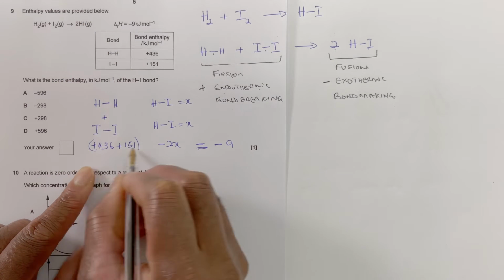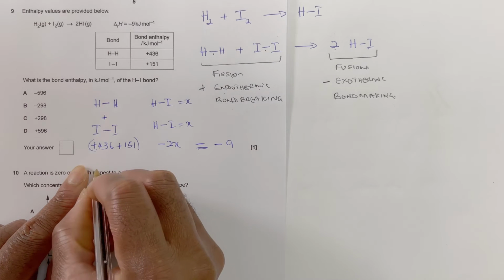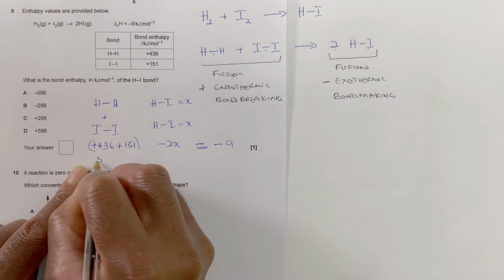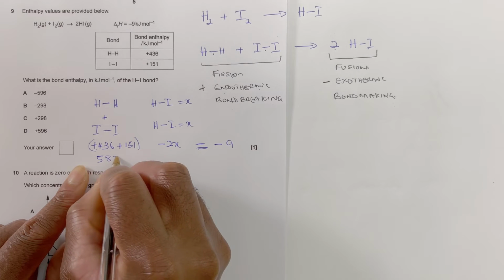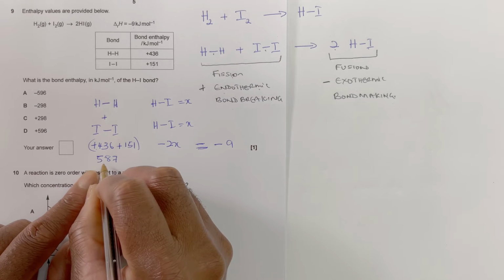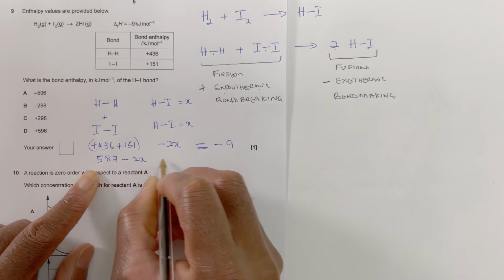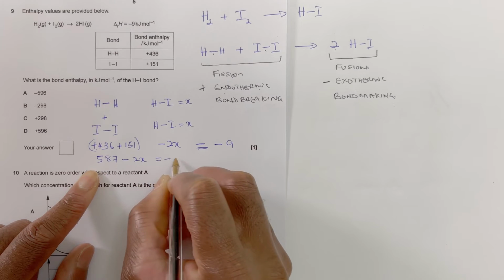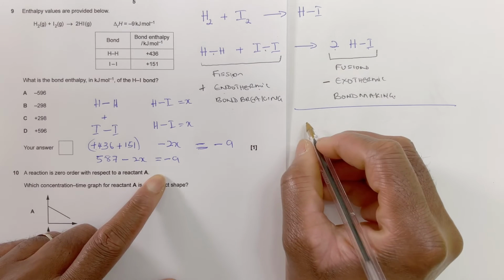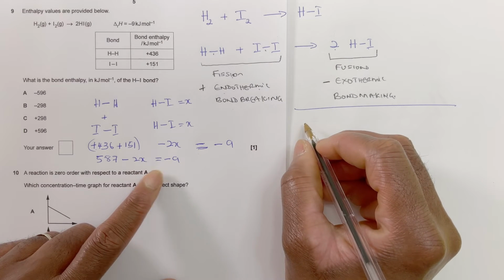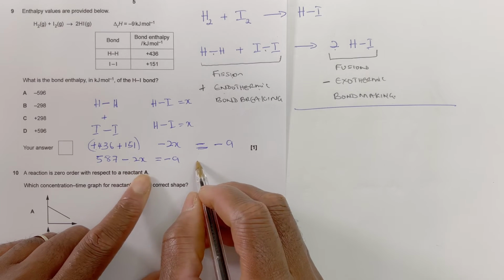So for the reactants, when you add them together, you're going to get 587, and that's positive. And this one is minus 2x, and that equals minus 9. So if I solve it here, I have to take minus 9 to the other side and bring 2x to the outside.